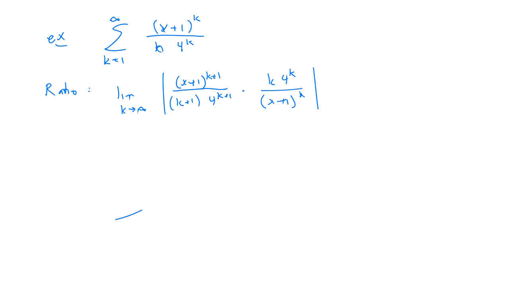So as usual, ratio is the k plus first term divided by the kth term. And as usual, for these, at least some of it cancels pretty nicely.